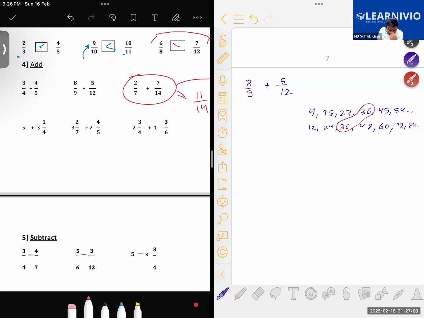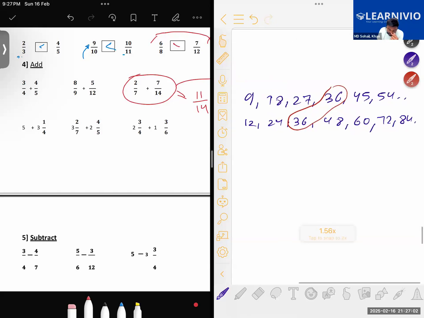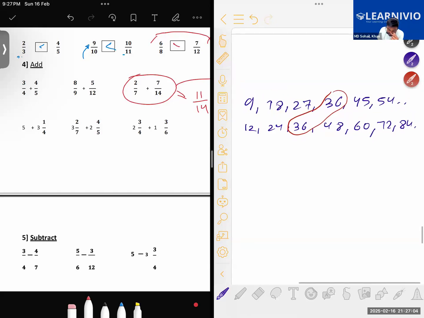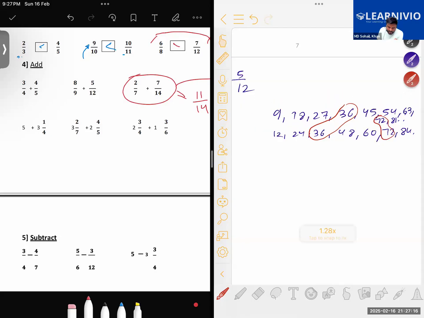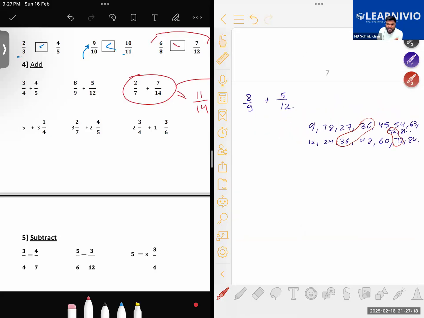Here also you can have many more multiples of 9: 63, 72, 81, etc. Next common multiple after 36 is 72, isn't it? So out of the two, which one is lowest? Clearly 36. Therefore you have to find the LCM correctly. If you have found it correctly, then continue.